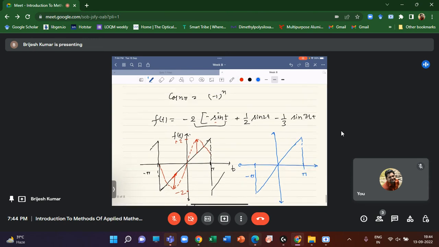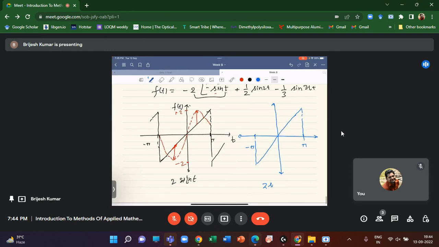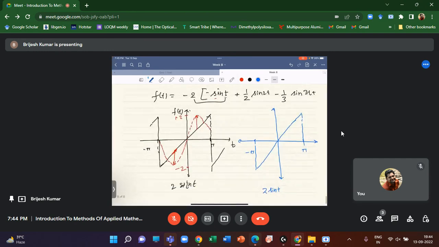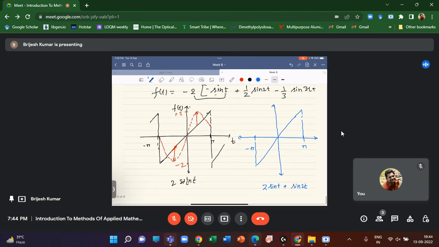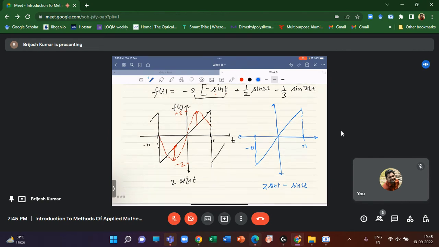So if we consider these two terms, this will be 2 sin t minus sin 2t. Then how will it look? First, if you write this one, sin 2t will have half the period, so it will go like that.